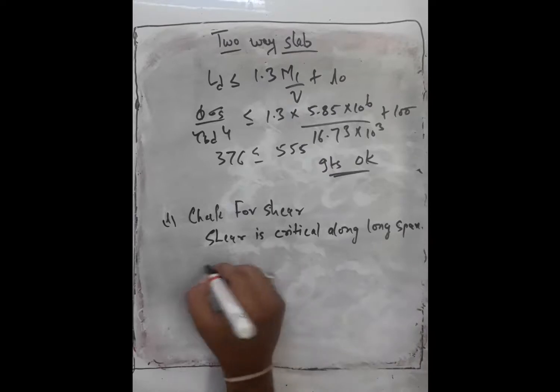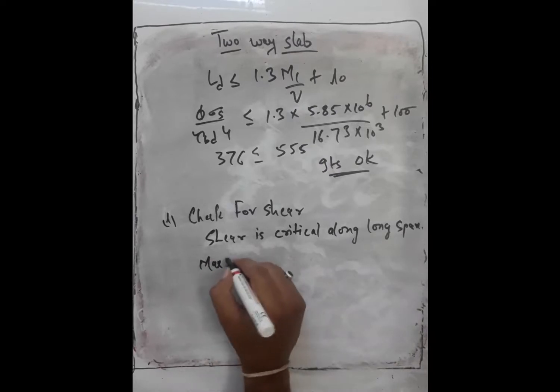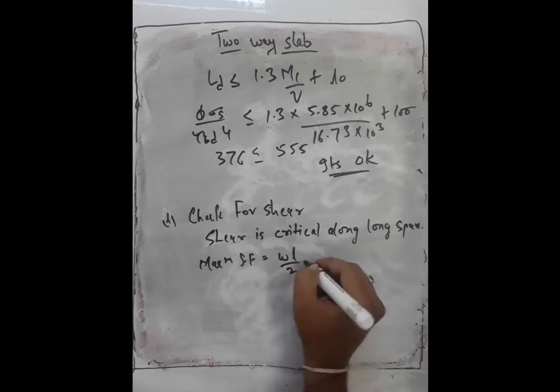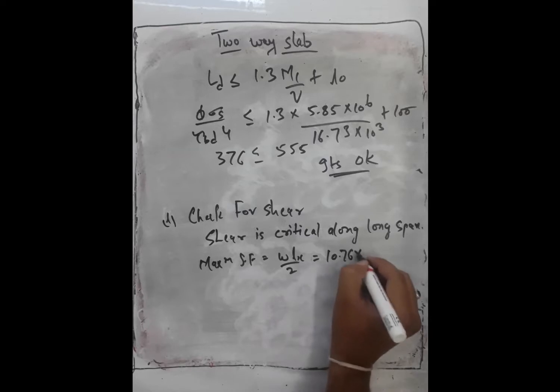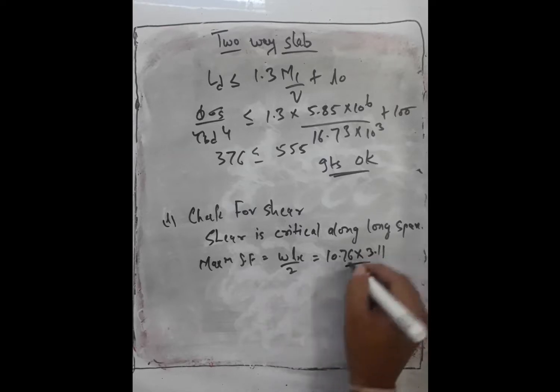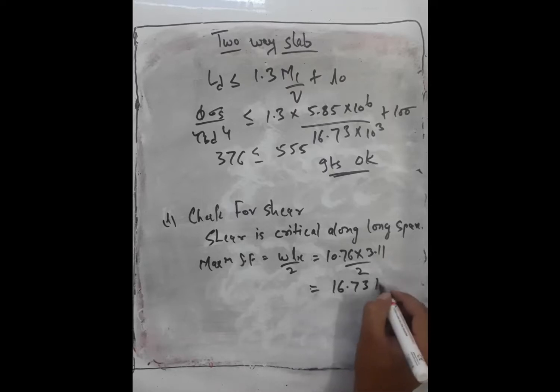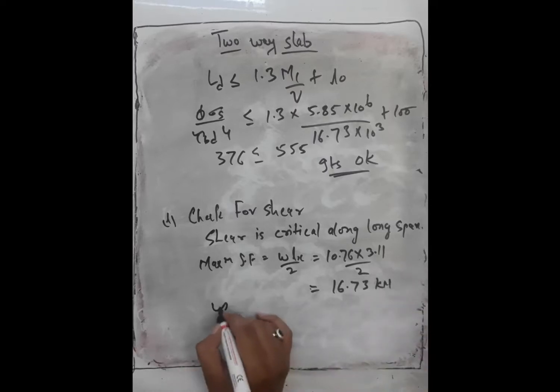Okay, so first we have to find the maximum shear force, WL by 2 or LX. 10.76 into 3.11 divided by 2, you get 16.73 kilonewton.